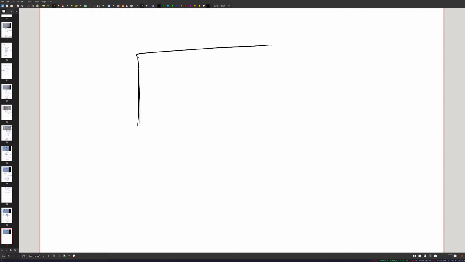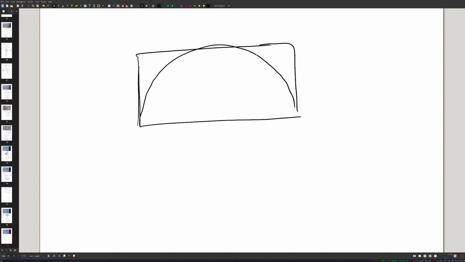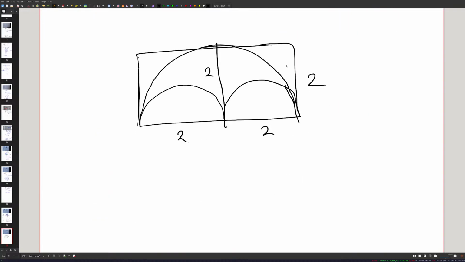Okay, two semicircles. This side is 2, which means that this radius is 2, so this is actually 2 squares of side length 2. And then we have 2 straight lines that cut the squares in half.